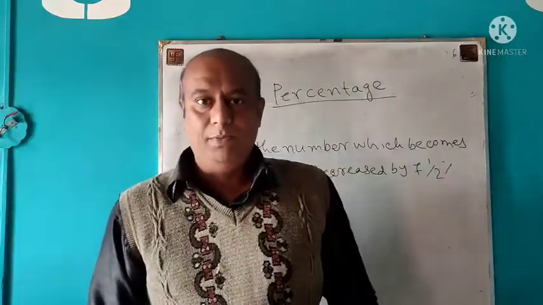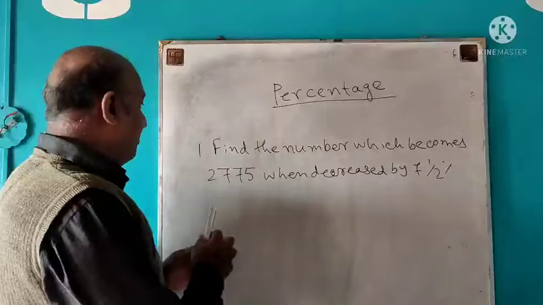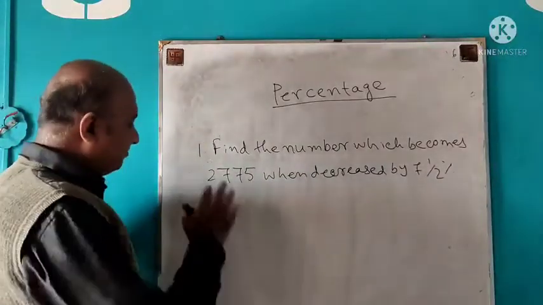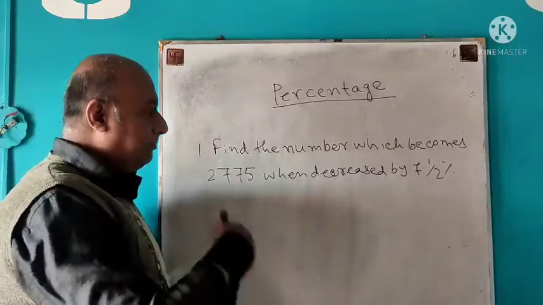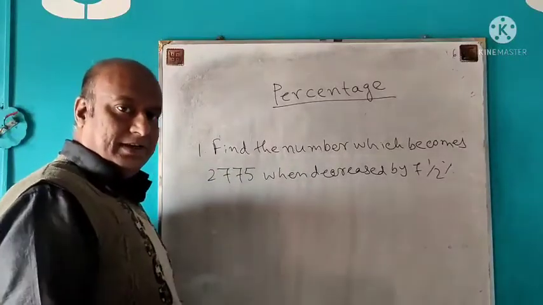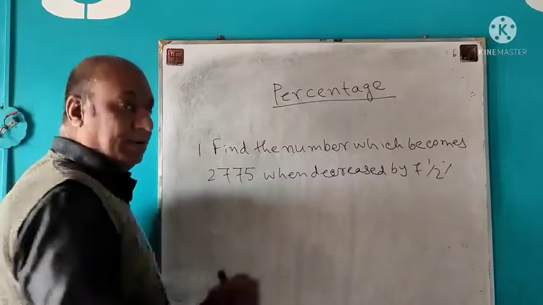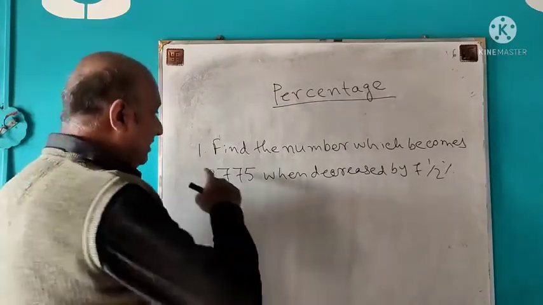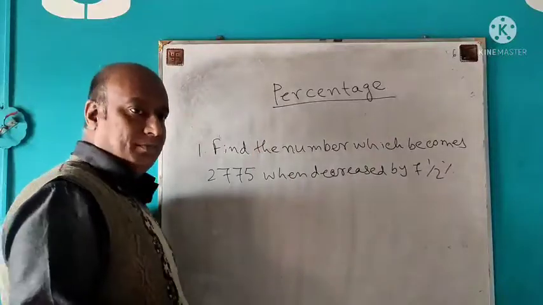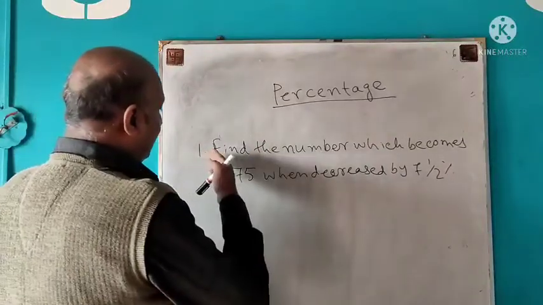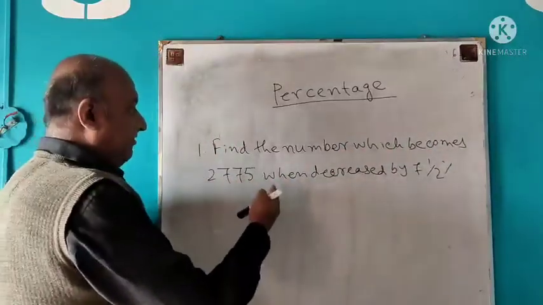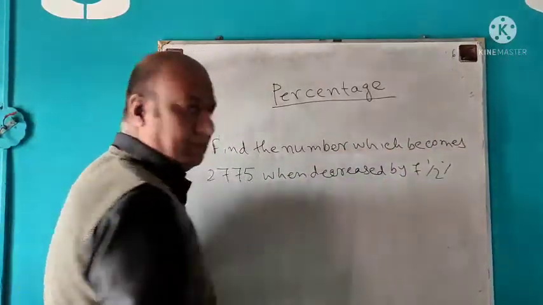So let's go to the problem. The first type of problem that we are going to discuss is when some number is decreased by some percentage and we have got the new decreased value or increased value, then we have to find the original number. So the first example: find the number which becomes 2775 when decreased by 7.5%.